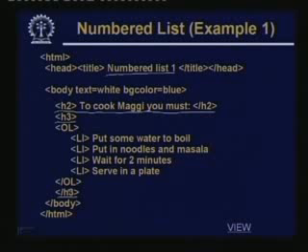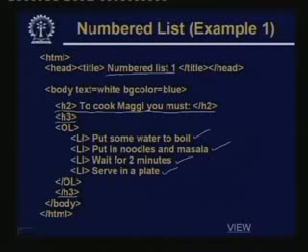Now, an ordered list is something where order is important, so here I have taken an example where order is important. The heading shows what the example is. To cook Maggi, you must put some water to boil, put in noodles and masala, wait for 2 minutes, serve in a plate. Suppose I want to view this on a browser.